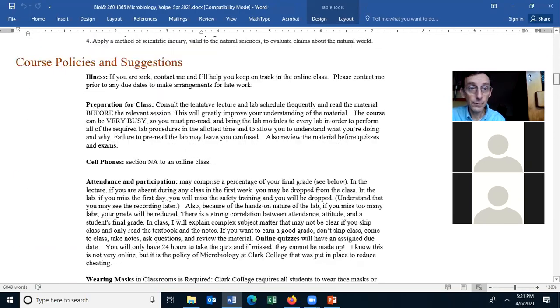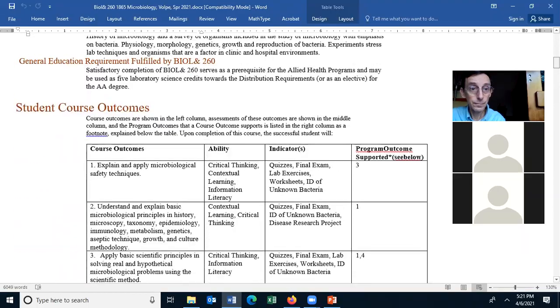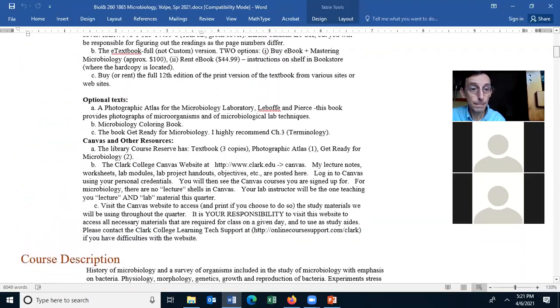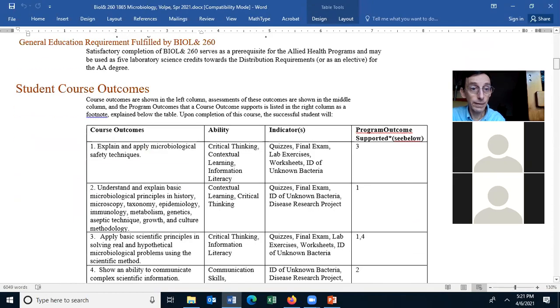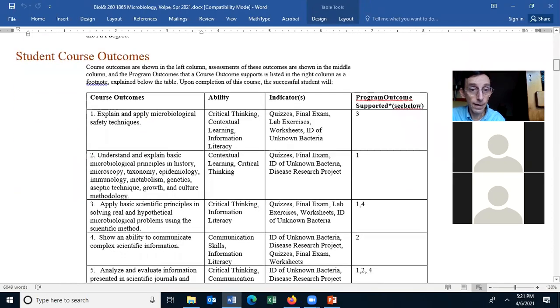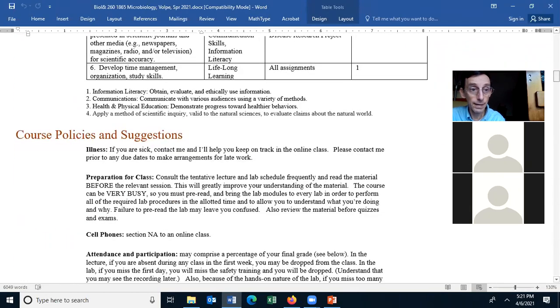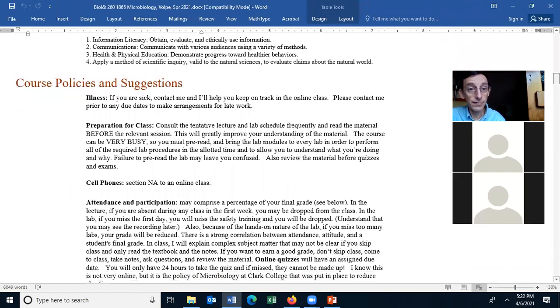All right, let's go back to where we were. Course description, I'll let you read about that. The course outcomes, you can read about that. Course policies and suggestions. If you're ill, please contact me and I'll help you keep on track. Contact me prior to any due dates to make arrangements for turning in the work late.